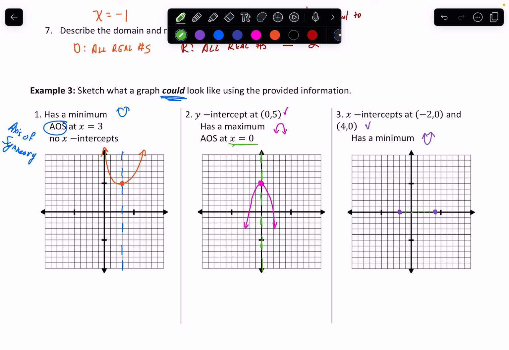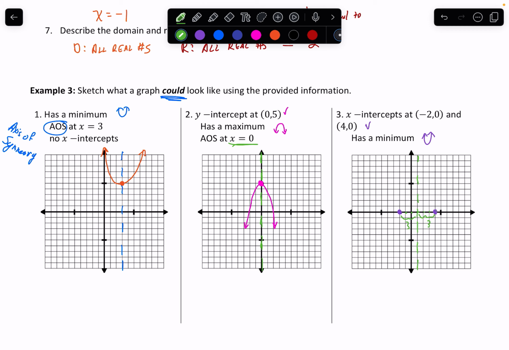There's 6 spaces in between your x-intercepts. So if I cut that in half, the axis of symmetry has to be 3 units away from both of those. So if I go 1, 2, 3, and I put my axis of symmetry here, notice how these are both 3 units away from that axis of symmetry. All right? So we've got that idea.